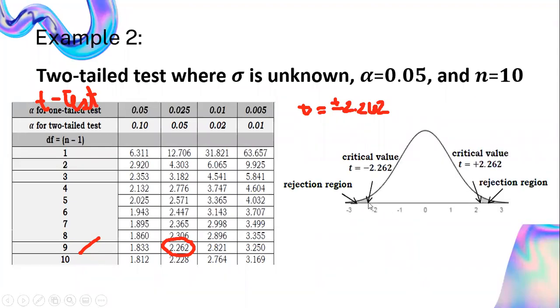The negative 2.262 and the positive 2.262 in the curve will be your critical values of t. Since it's a two-tailed test, you will have two tails with the rejection region. 2.262 is slightly beyond 2, so that is our critical value. Then the shaded region is on both tails. Is that clear for the first module? I hope so.